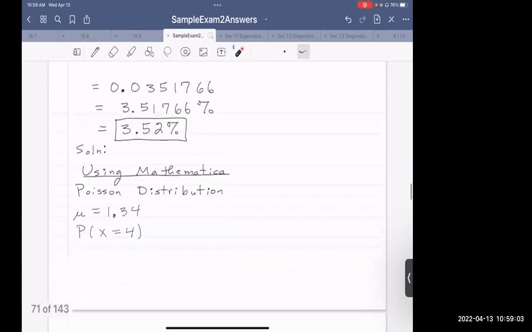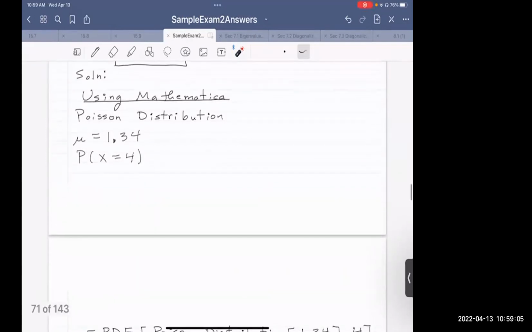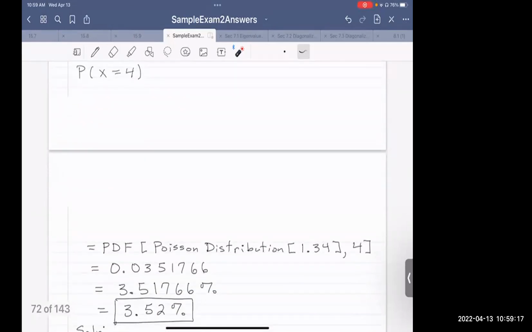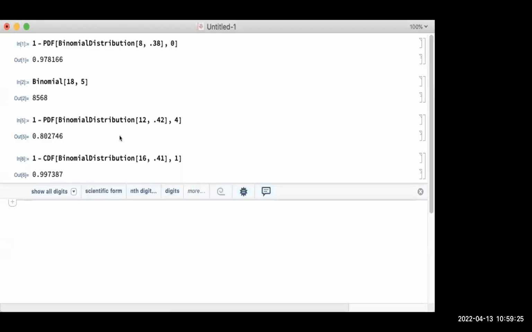So if you're using Mathematica, then again, we have a Poisson distribution, mu equal 1.34. I want to find the probability x is equal to 4. Since it's equality, I'll be using PDF. So PDF, Poisson distribution, 1.34 comma 4. So let me type that into Mathematica.